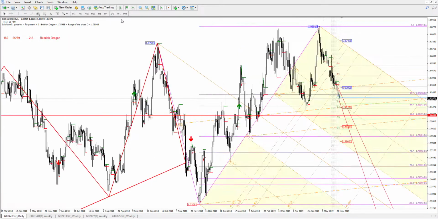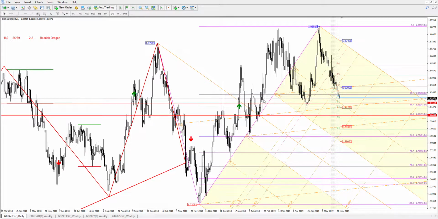To the daily, change the monthly inside bar. Okay, go to those lines, to that line. So we can see we closed in between that range, the monthly range.